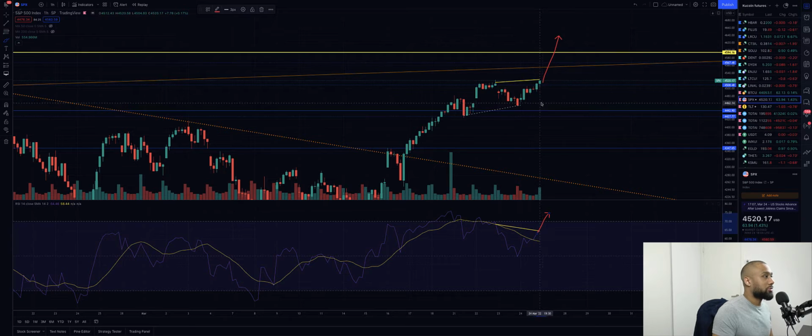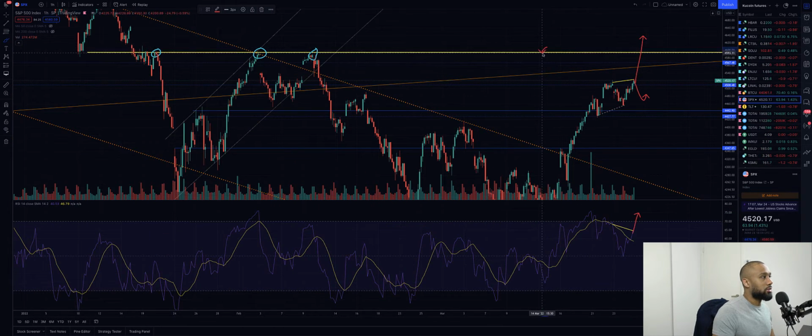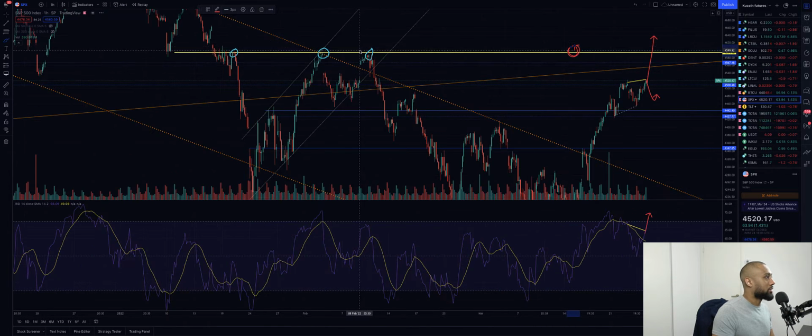But regardless, if we have a pullback, that's not as big of a deal as when we get here and don't form a top, because we had a top here, and we also had some resistance for it to come down.